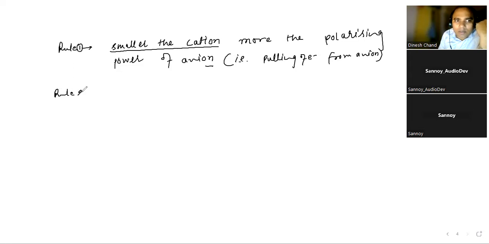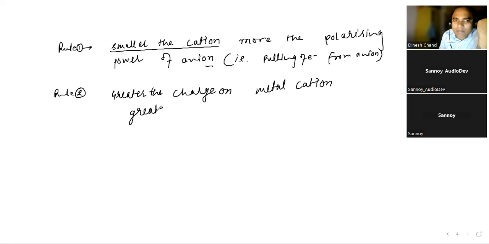Rule 2. Rule number 2 says: greater the charge on the metal cation, greater will be the polarization of the anion.